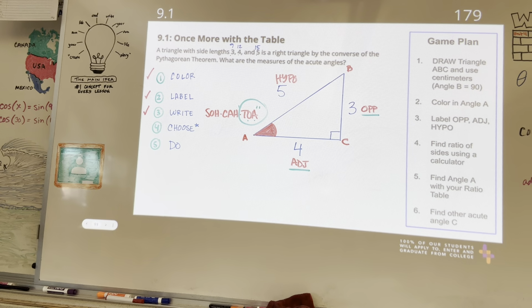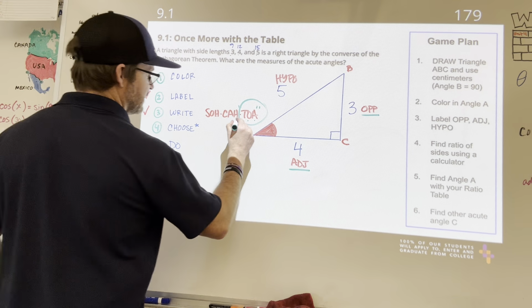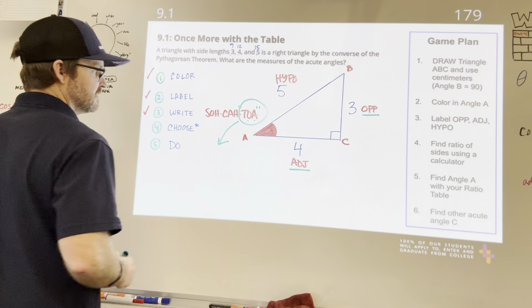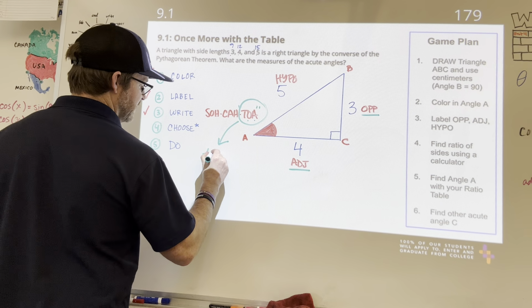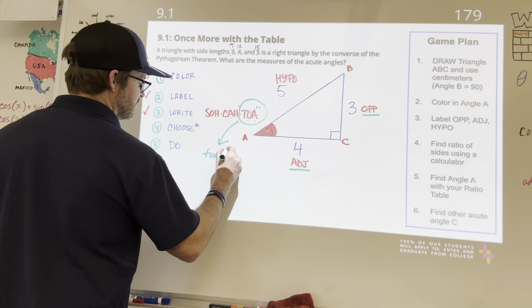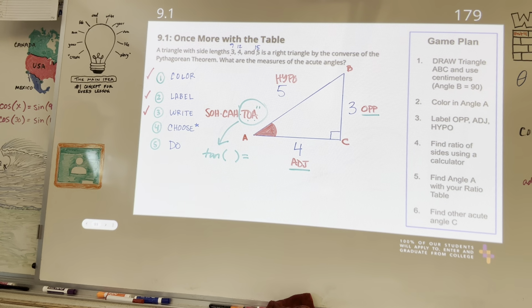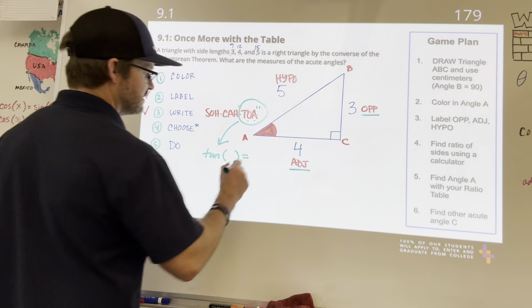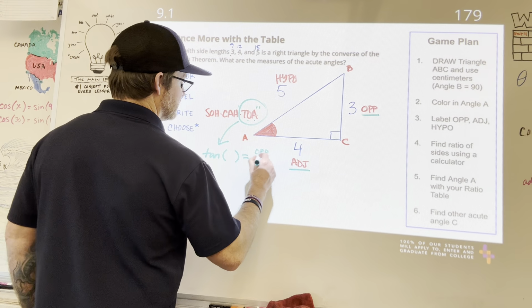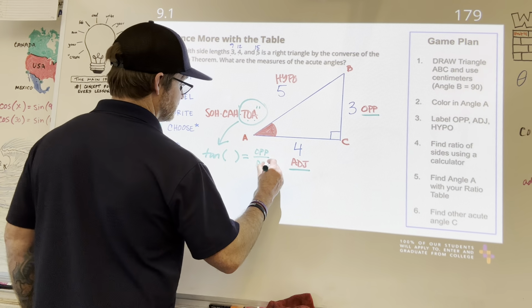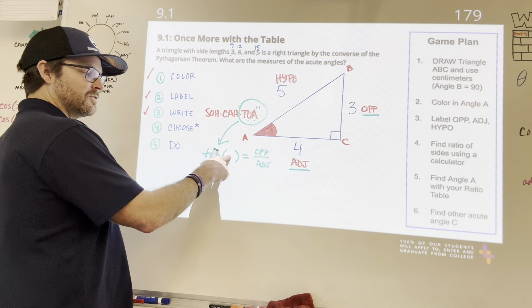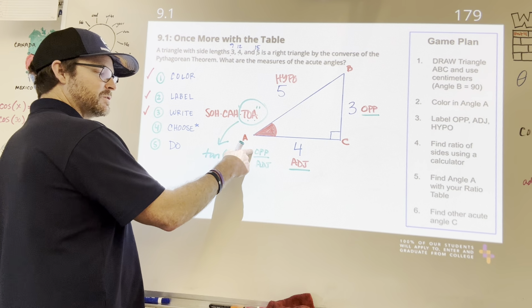TOA stands for something. Specifically, it stands for tangent. So tangent, you don't know the angle yet, but you do know the sides. Opposite and adjacent, to be specific, because tangent of an angle always equals opposite over adjacent.